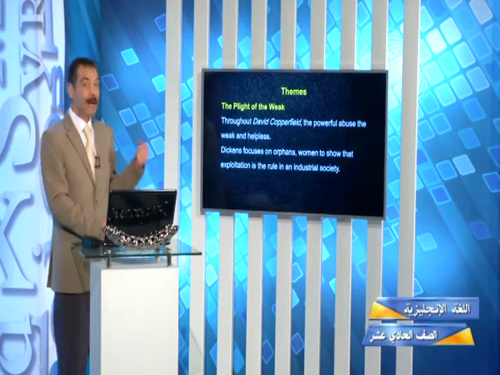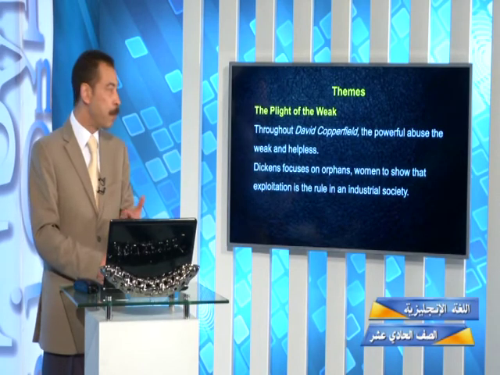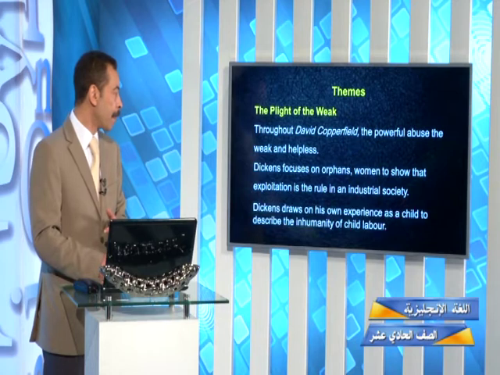Dickens, that is the writer, focuses on orphans, women, to show that exploitation is the rule in an industrialized society. So at that time, in the 19th century, society was worse than it is now, because rich people exploited the poor people.